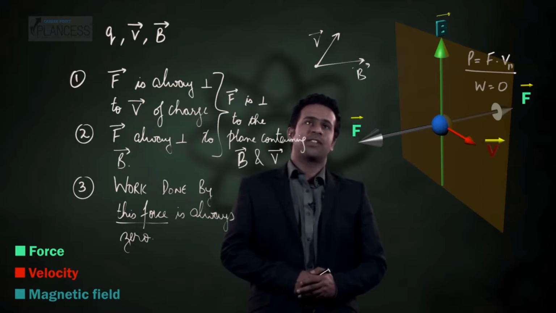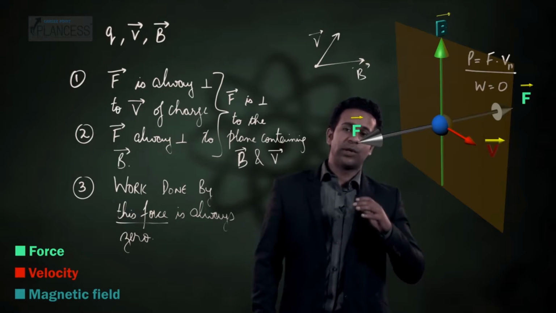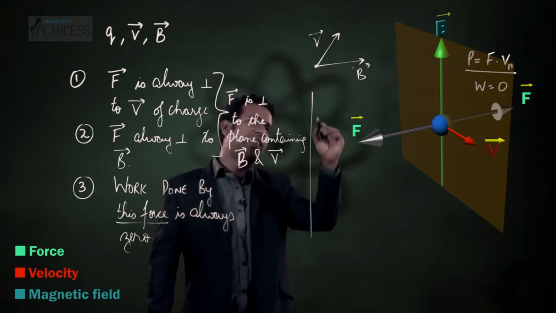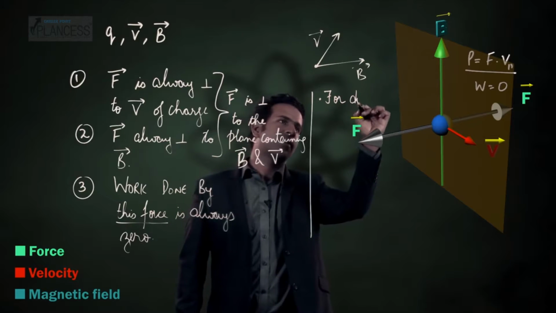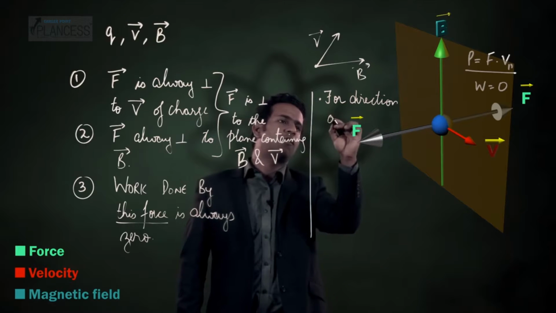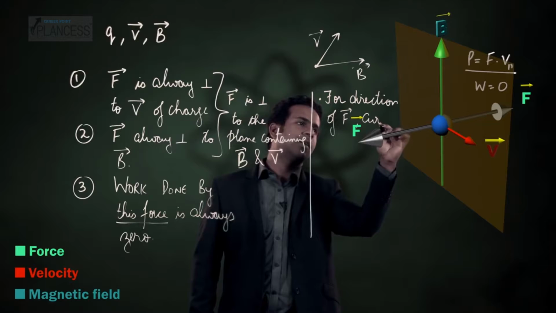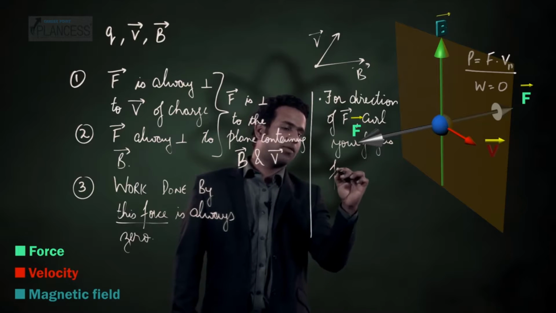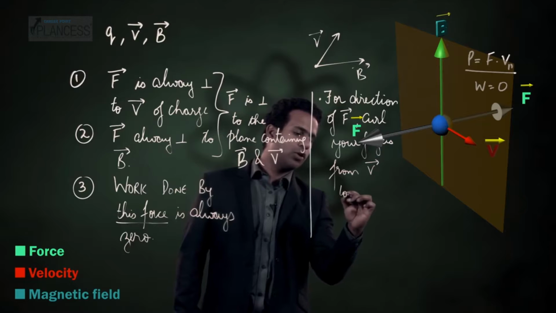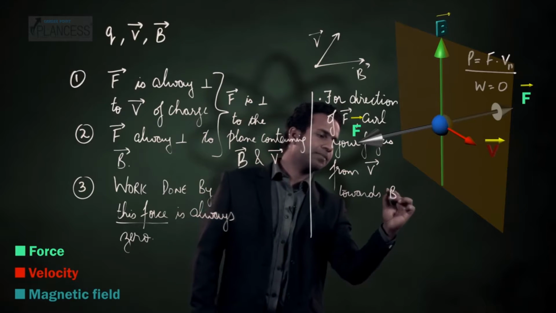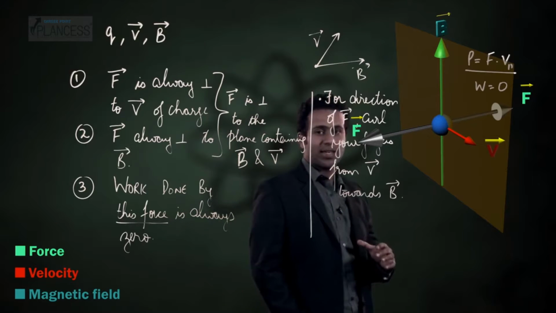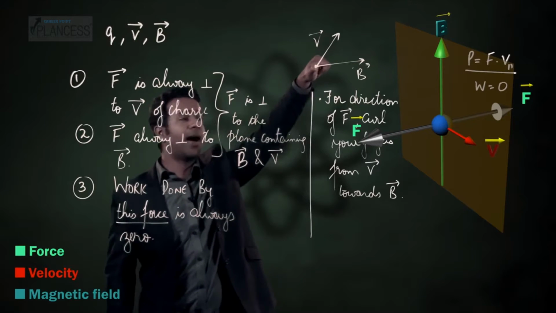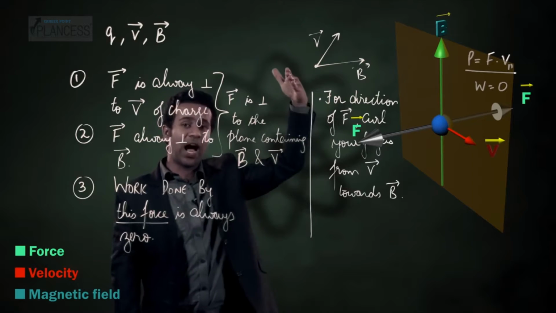Now, force will point in the direction when you curl your fingers from V towards B. So, for direction of force, curl your fingers from V towards B. So in our case, if you look at these two, if you curl your fingers from V towards B, my thumb points in a direction which is pointing out of the screen.